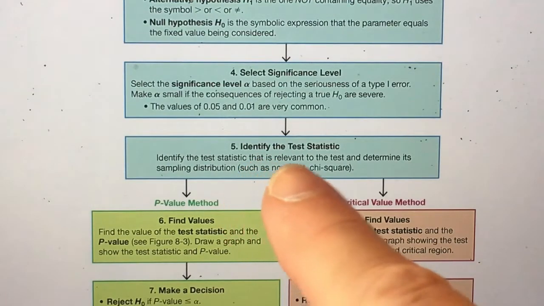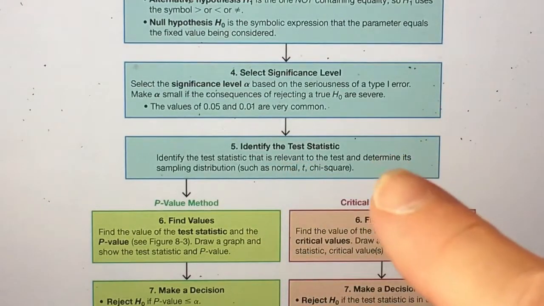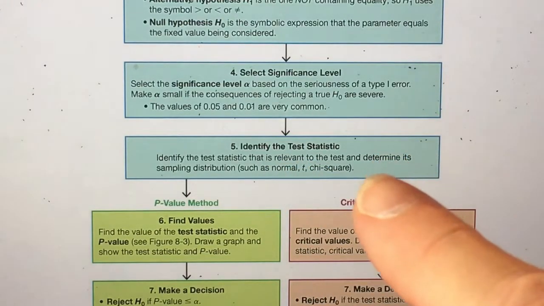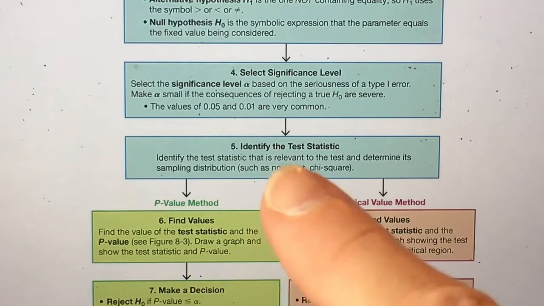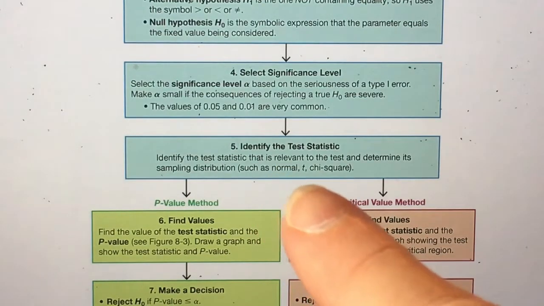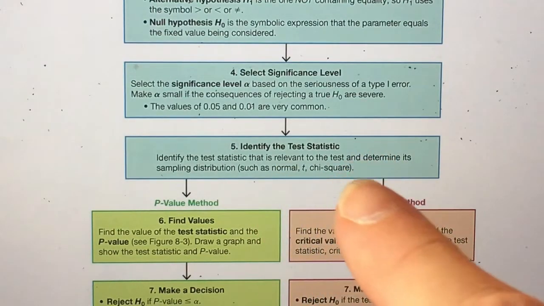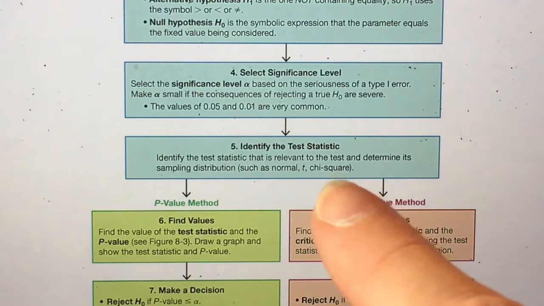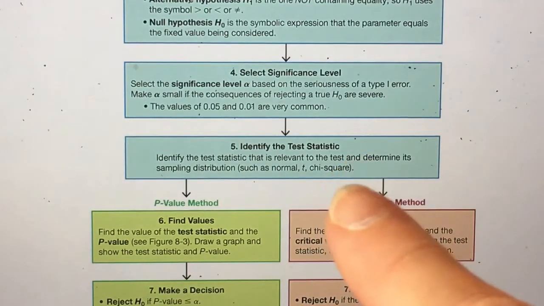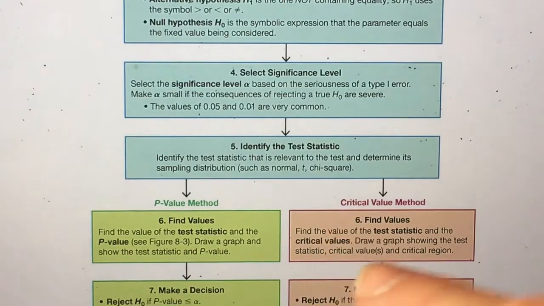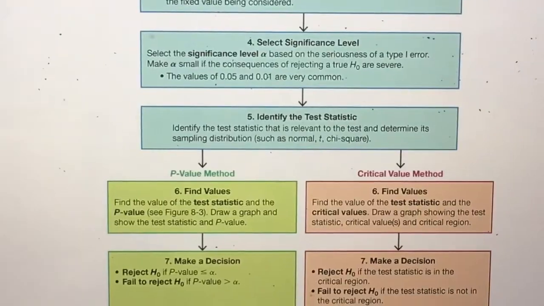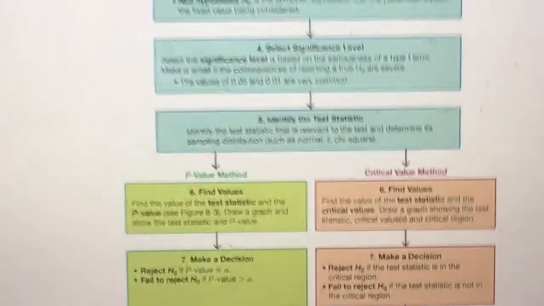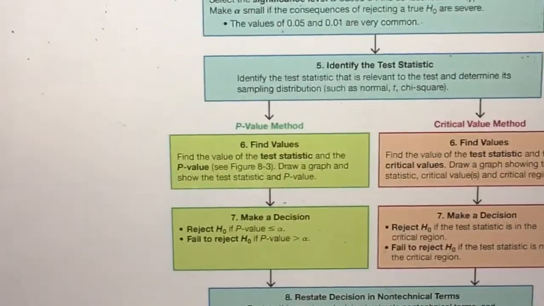Basically, we're going to talk about what is the appropriate sampling distribution. Are we going to use the normal distribution or the t distribution? Now this chi-square is outside the range of this class, so you don't have to worry about it. We don't use it in this course. It's a little more complicated and saved for higher statistics classes than our standard intro course.